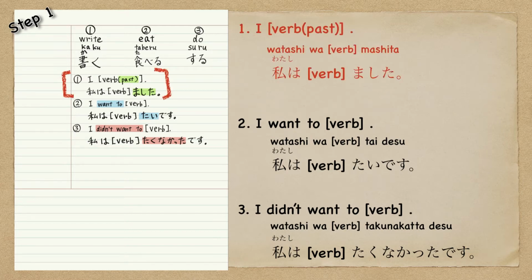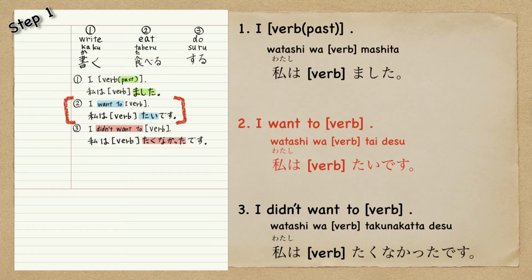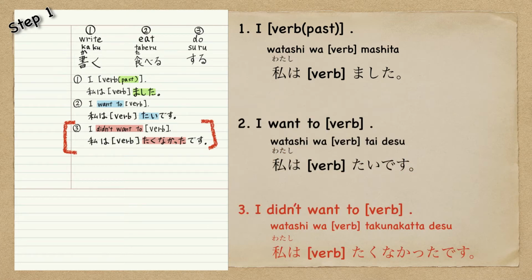Example: I verb past, 私は verb ました; I want to verb, 私は verb たいです; I didn't want to verb, 私は verb たくなかったです. Okay, it's ready to practice.